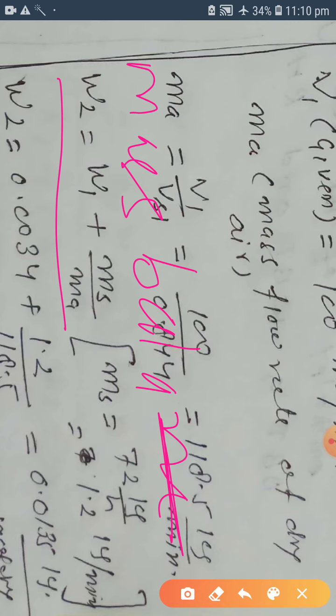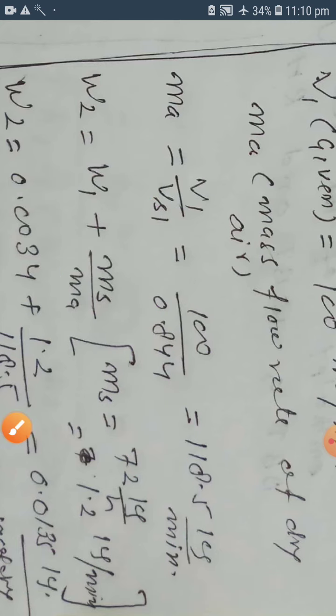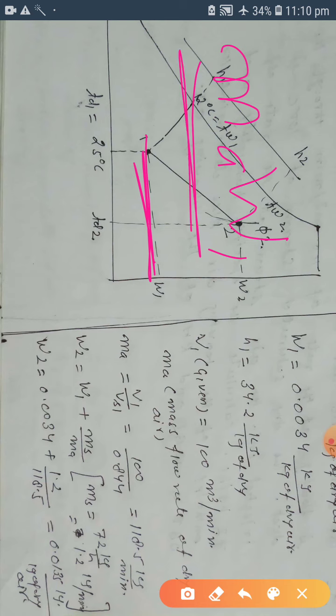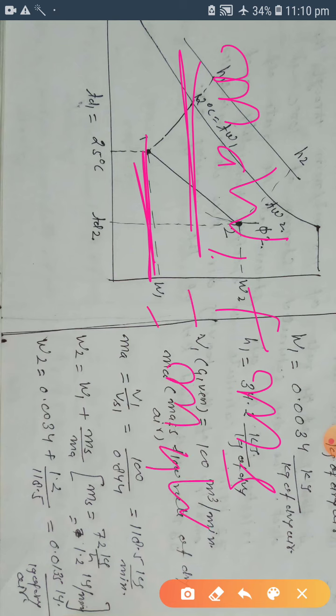When you apply the mass balance equation, as I discussed, how much mass will enter? If Ma is the mass flow rate of dry air and W1 is the specific humidity, then the mass balance of the water contained is: Ma into W1 plus Ms, the mass of the steam, is equal to Ma into W2, which is the mass of water that will exit.